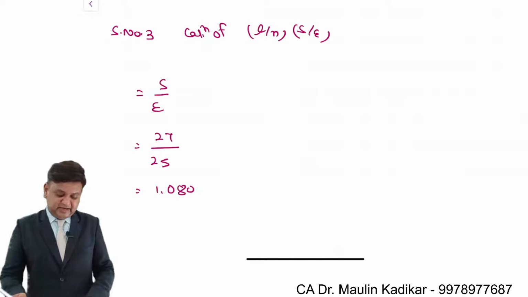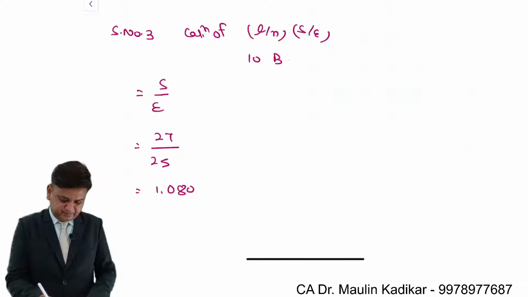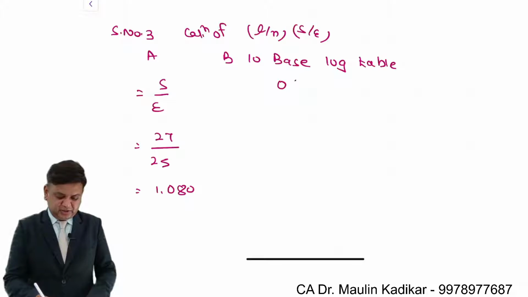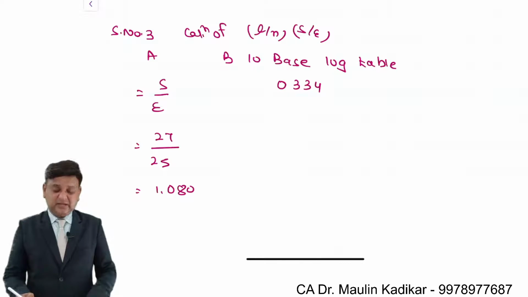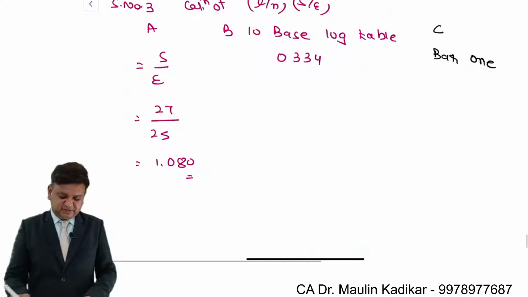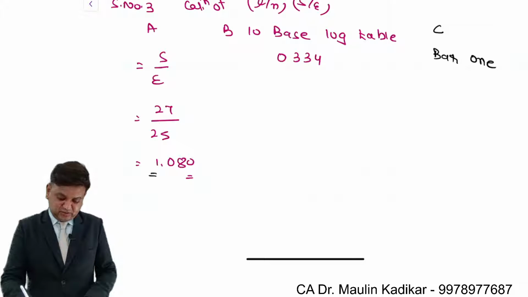Then we have to refer to the 10 base log table. This is A, then B is the 10 base log table. So 10, 8, in that it is 0334. Then the mean difference, for 0 the mean difference is 0, so we don't have to add anything. Step C is the bar 1 process. Bar 1 process is 1 digit before decimal, so 1 minus 1 is 0, so 0.0334.